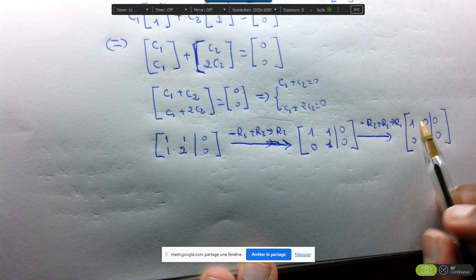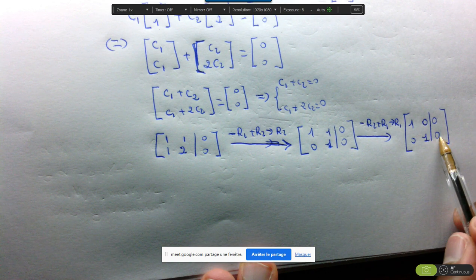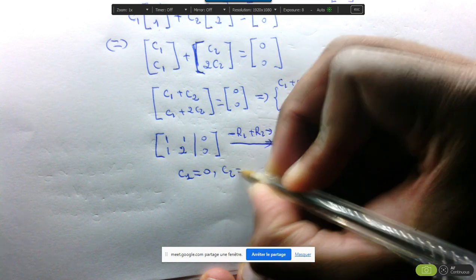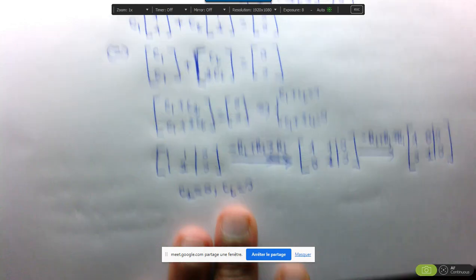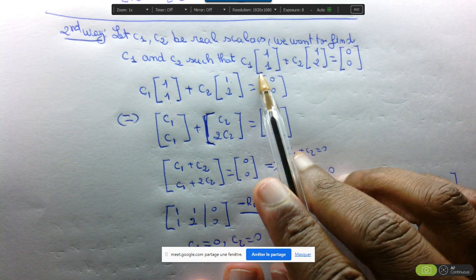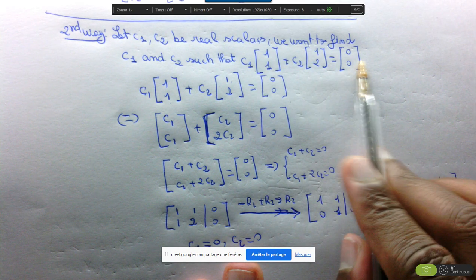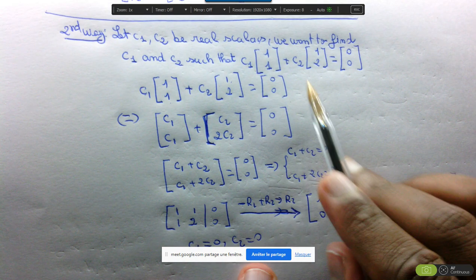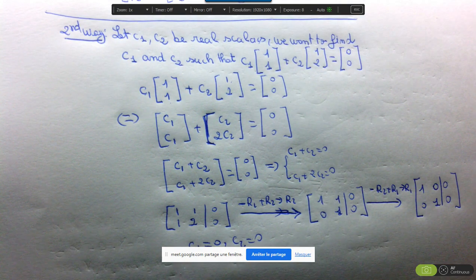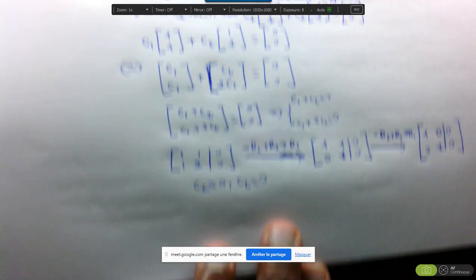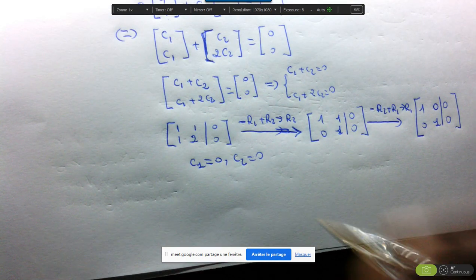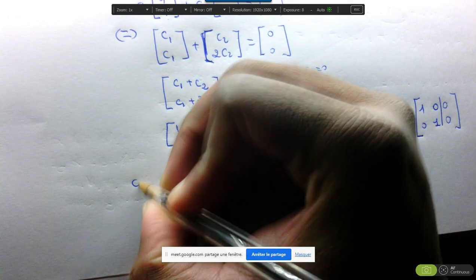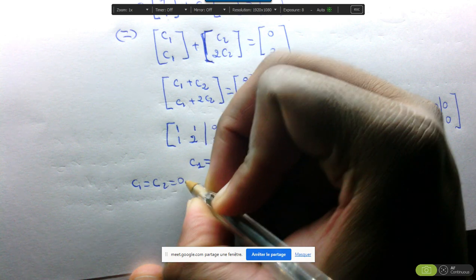So C1 equals 0 and C2 equals 0. The only way this linear combination is true is if C1 equals C2 equals 0.